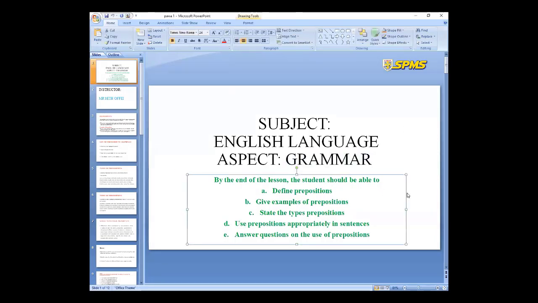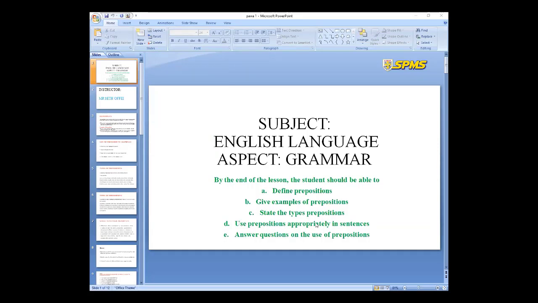By the close of today's lesson, we are going to be able to define what prepositions are. Not only that, we should be able to give examples of prepositions. Thirdly, state the specific types of prepositions that we have, that is, two in number.